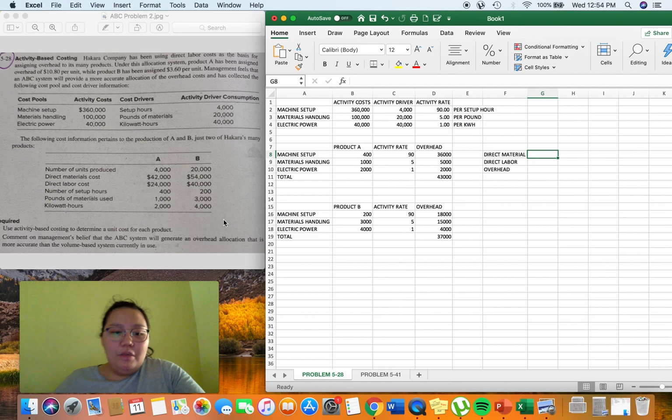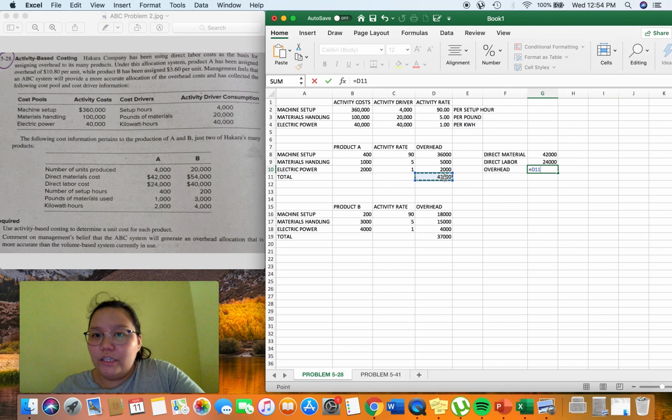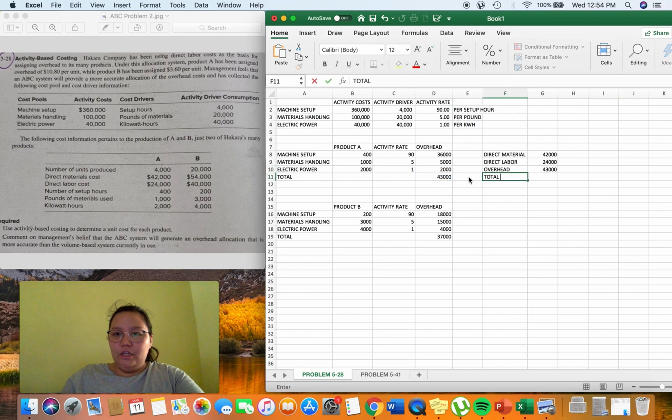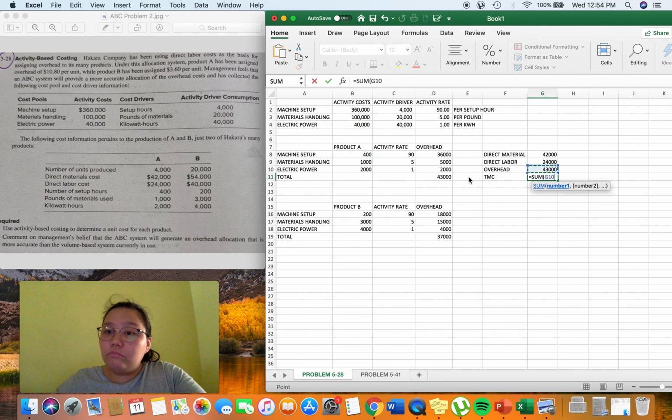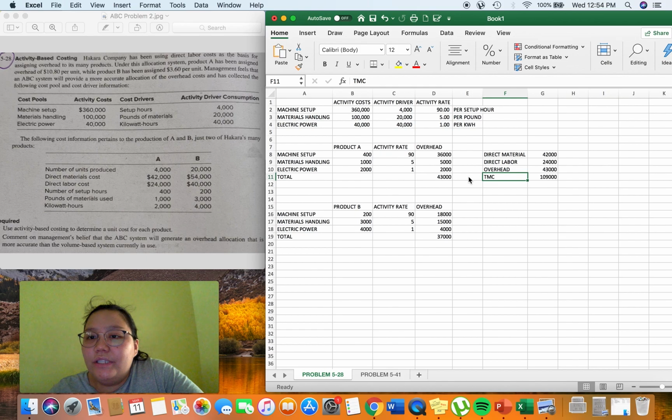For product A, we have 42,000. Product B, we have 24,000. And for the overhead, we have computed this at 43,000. So the total manufacturing cost for product A is equal to 109,000.